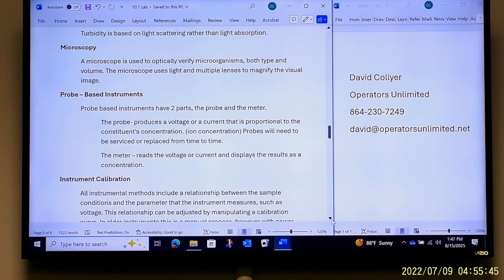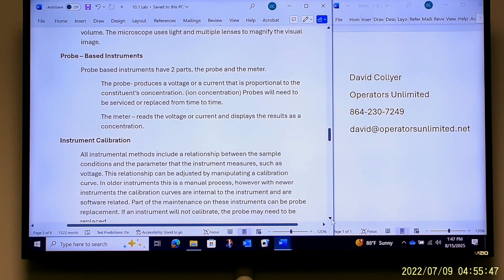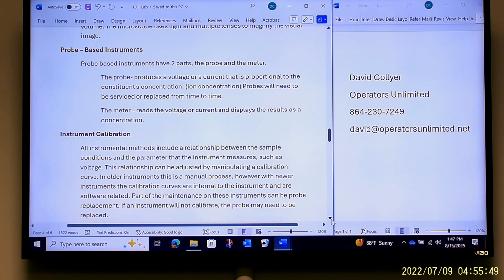Okay. Another type is probe-based instruments. These are instruments that are used in the lab and in your wastewater treatment process. Probe-based instruments have two major parts, the probe and the meter. The probe produces a voltage or current that is proportional to the constituent's concentration, the ion concentration.